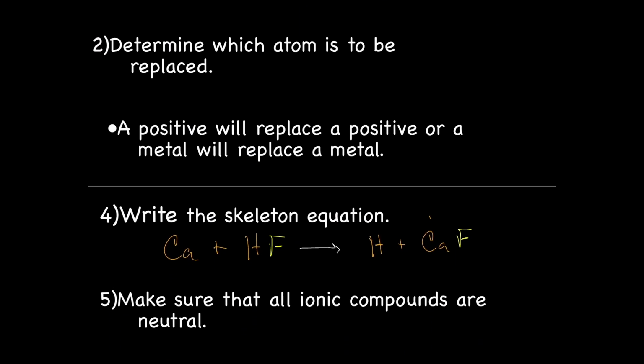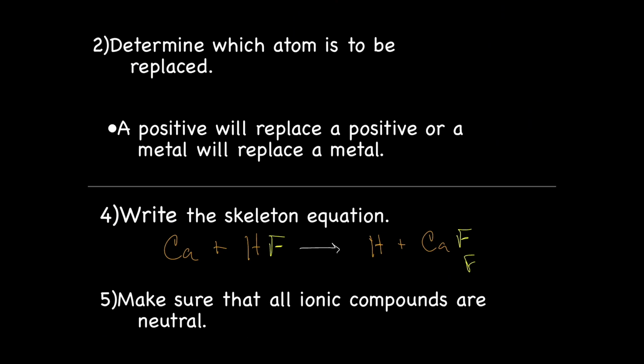So Ca is 2+, and our F is a 1-. So that is definitely not a happy couple, right? We need 1 more fluorine so that we have equal amounts of positives and negatives, right? So we have 1 Ca and 2 Fs. So our formula is going to be CaF2.